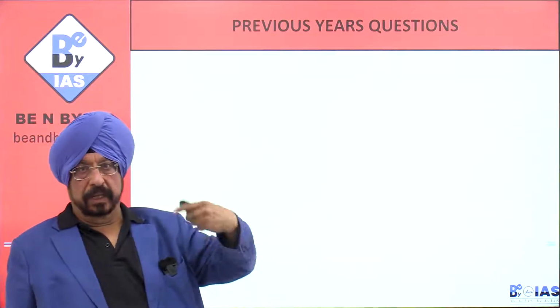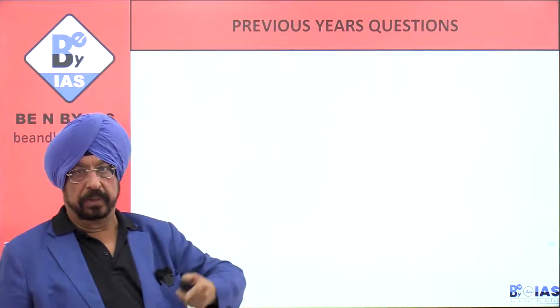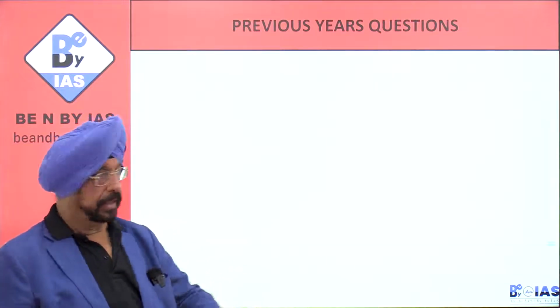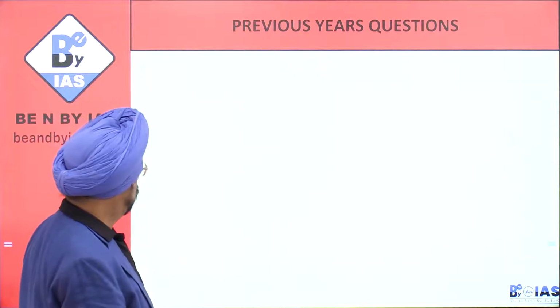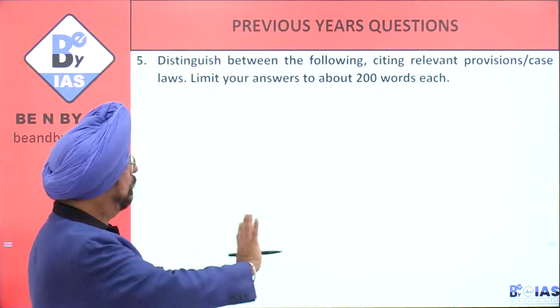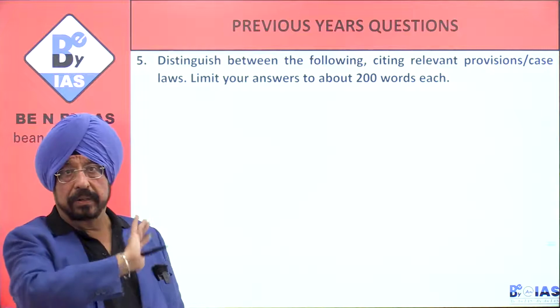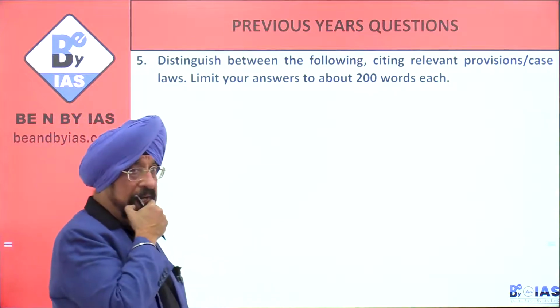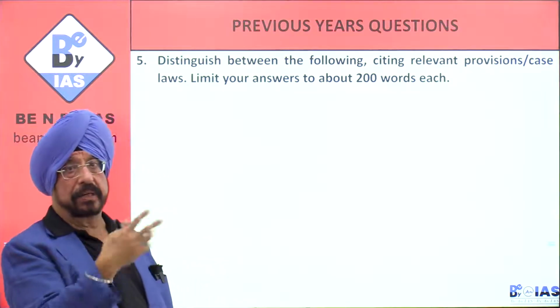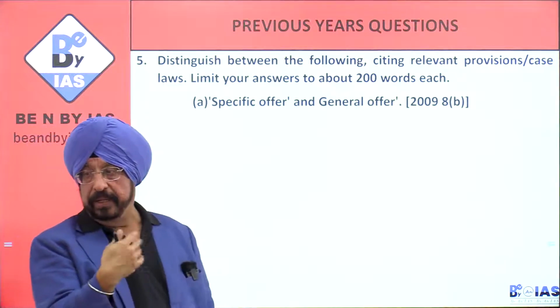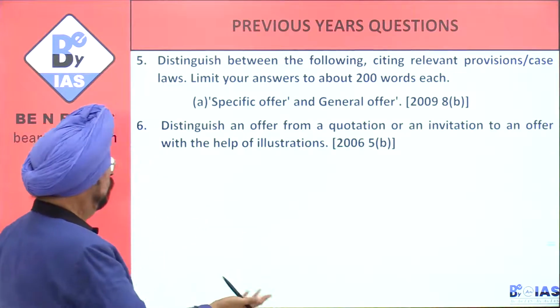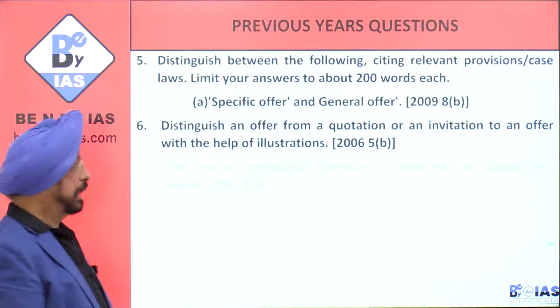Let us first complete our content for acceptance also. Though they all have been covered, I will personally feel satisfied if I take up each and every question for your clarification.